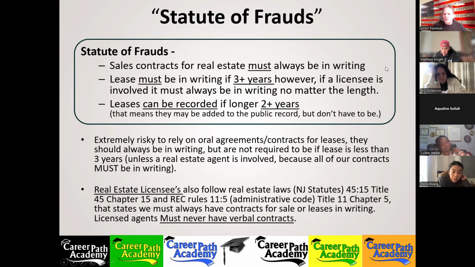Sales contracts has to always be in writing, whether a real estate agent's involved or not. And leases, if no agent's involved, they can be verbal. They should be in writing, but they have to be in writing if the lease is 3 years or more. If it's less than 3 years, it could be a verbal agreement. If it's 2 years or more, it can be recorded in the public records.